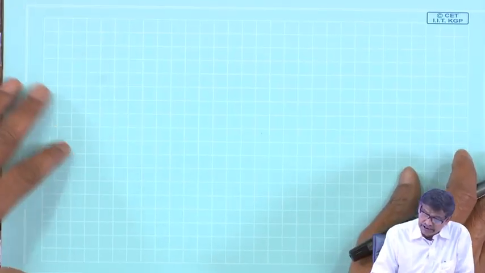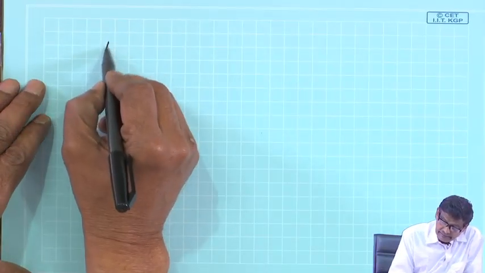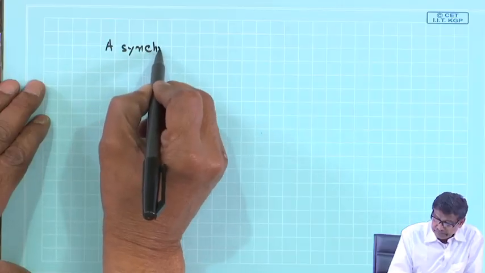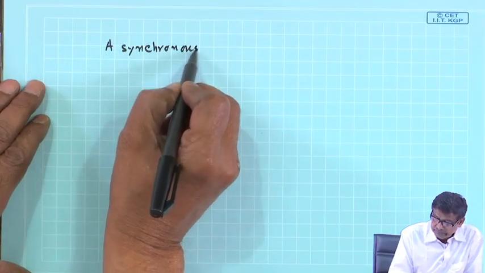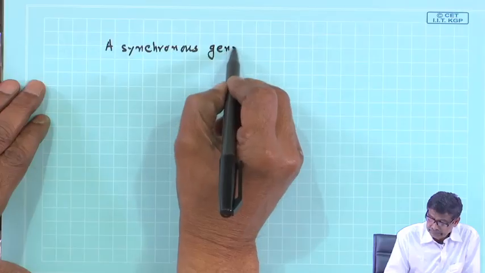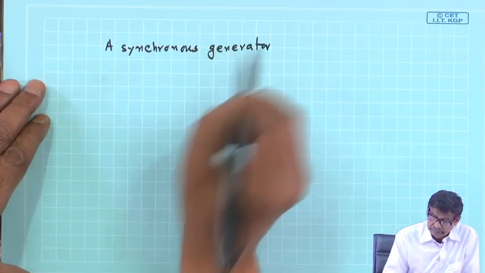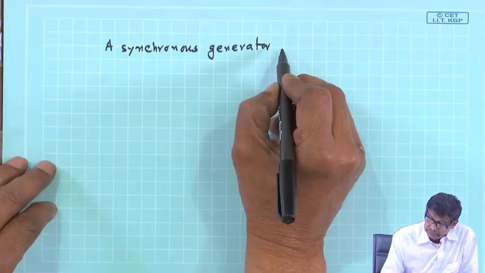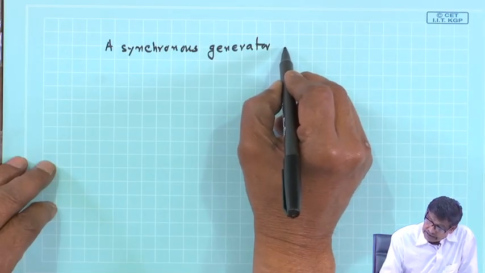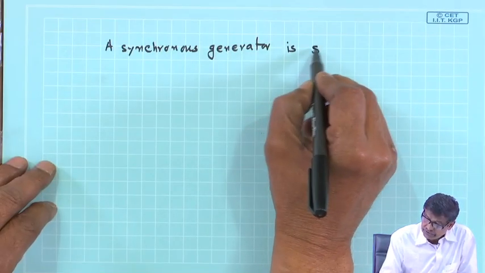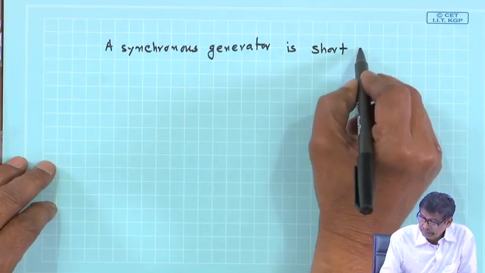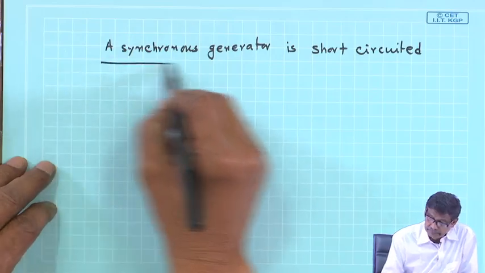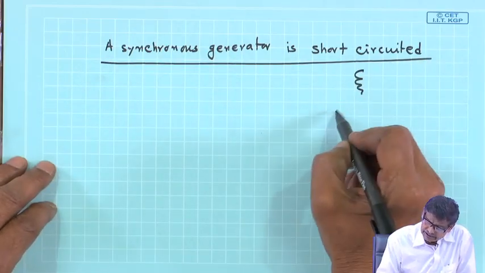For example, if I say a synchronous generator is short circuited, that is, the situation is like this.